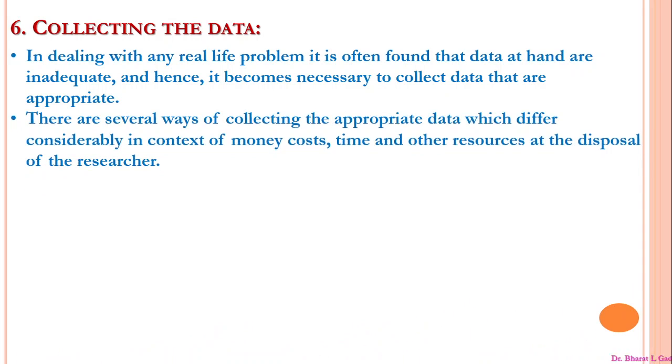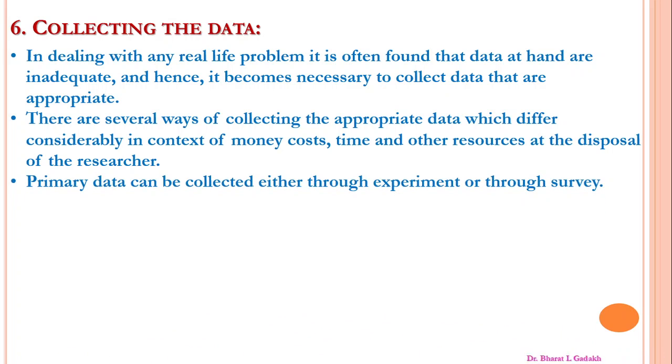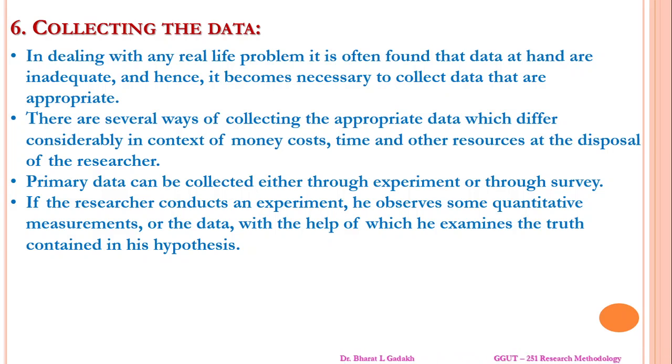There are several ways of collecting the appropriate data, which differ considerably in the context of money cost, time, and other resources at the disposal of the researcher. Primary data can be collected either through experiment or through survey. If the researcher conducts an experiment, he observes some quantitative measurement or data with the help of which he examines the truth contained in his hypothesis.